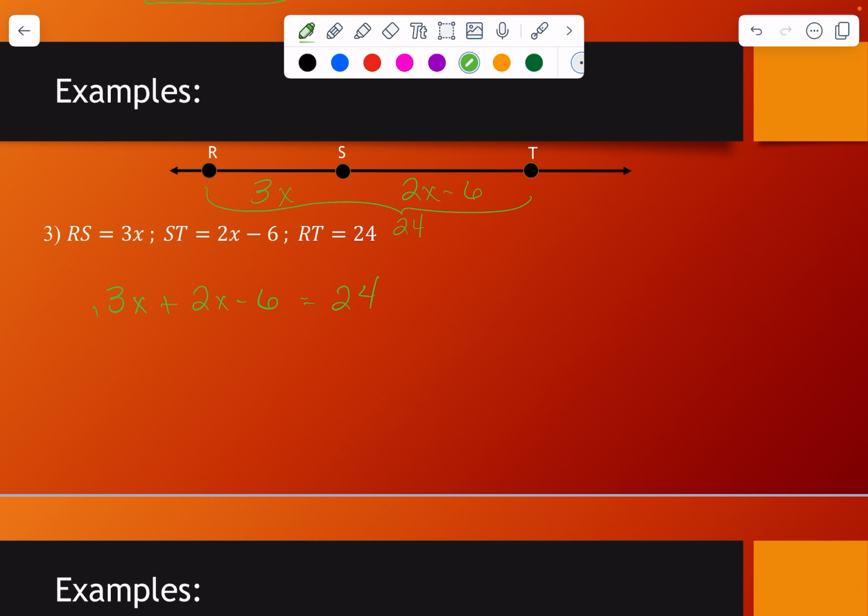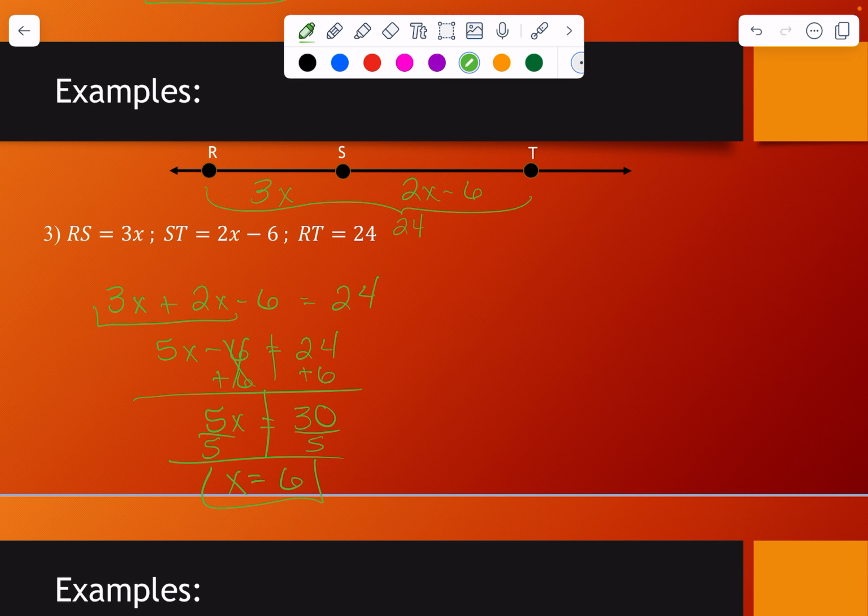So now we would combine our like terms, and we get 5x minus 6 equals 24. We would add our 6 to both sides as we work to isolate the variable. We would then divide that by 5, and we would end up with x equals 6.